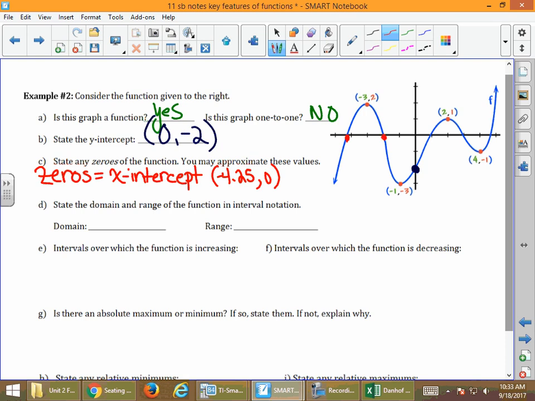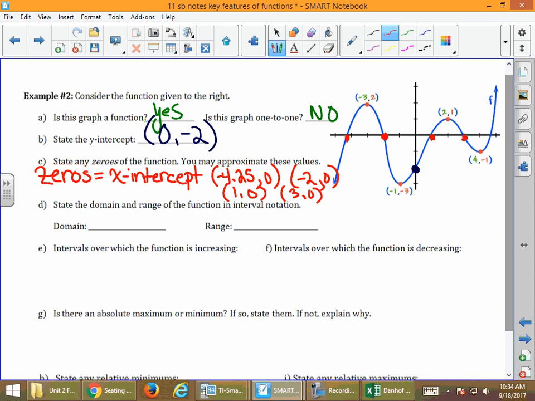Then I said it is (-2, 0). It's really close, and again, we're having to approximate these. So it looks like it's (1, 0). And this one is darn close, (3, 0).